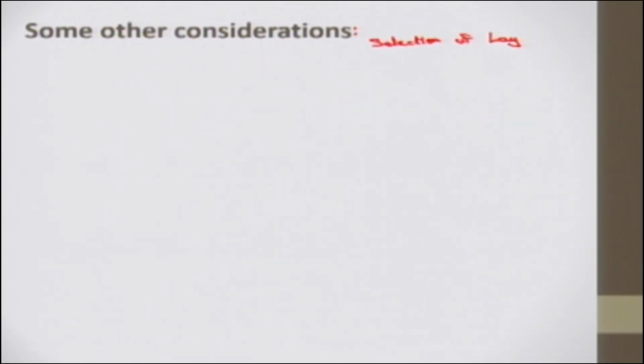One of the methods is Pareto's rule. Pareto has a 20-80 rule. He says that 20% of the items contribute to 80% of the cost, and 80% of the items contribute to 20% of the cost.